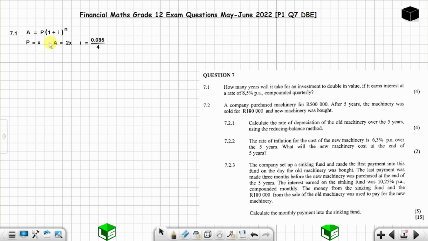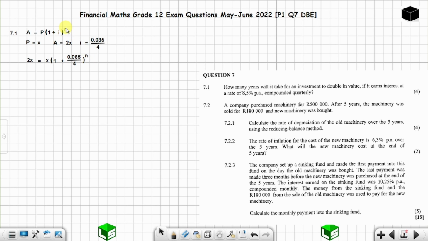Let's plug everything that we have into the formula. A is equal to 2x, which is equal to x in bracket, 1 plus i, which is your interest rate, close your bracket to the power of n.